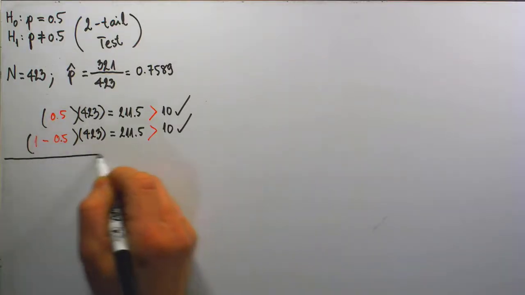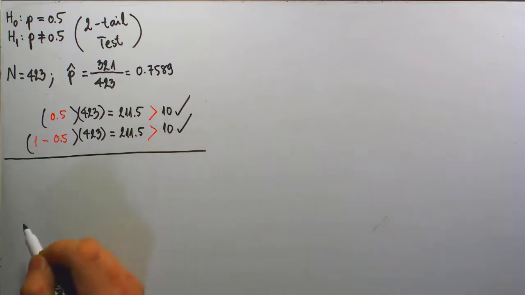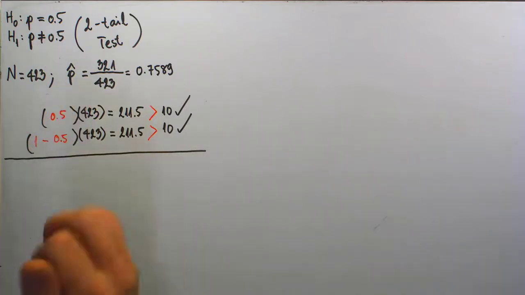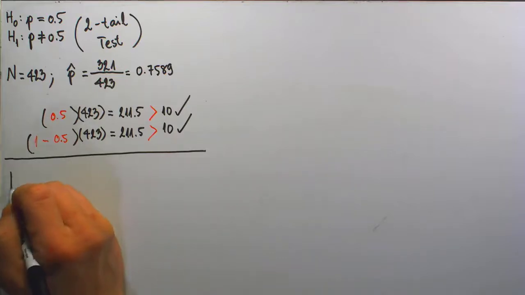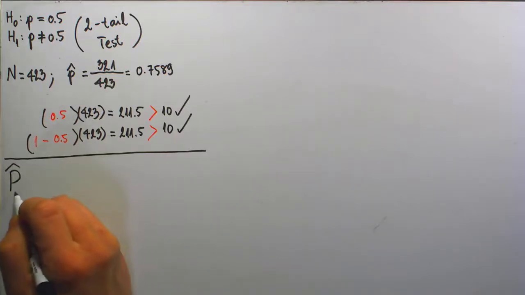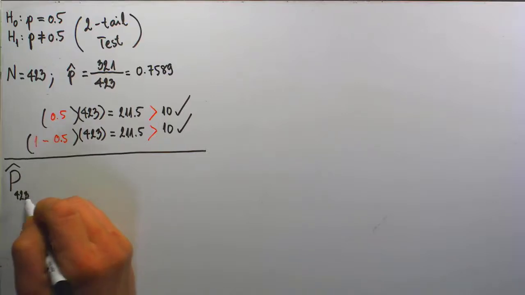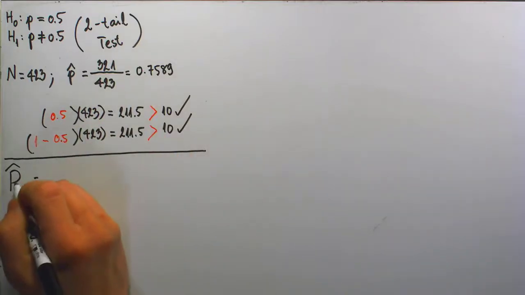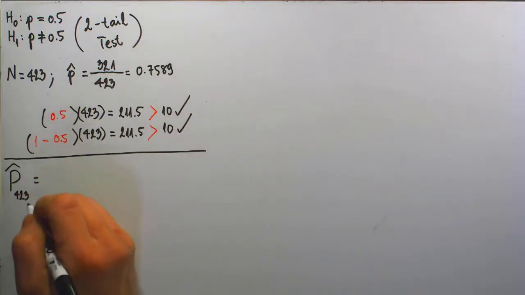Now this is something to be aware of about our sample. Our sample proportion is one sample among infinitely many others, where generally we regard any of those sample proportions in this way as a random variable, capital P hat for 423.